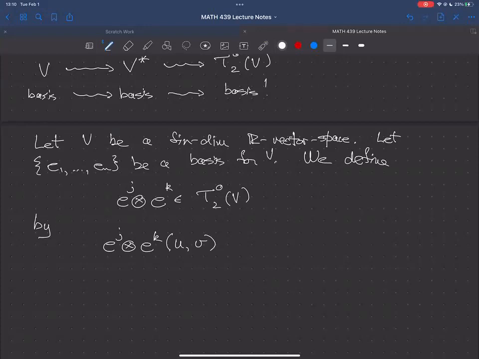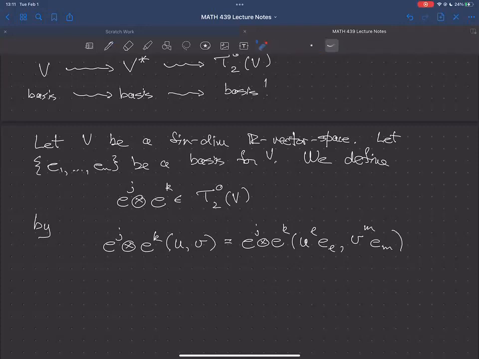Of course, what I'm going to do is write U and V as a linear combination of basis vectors. So I'm going to write U as U^L E_L, and I'm going to write V as V^M E_M.